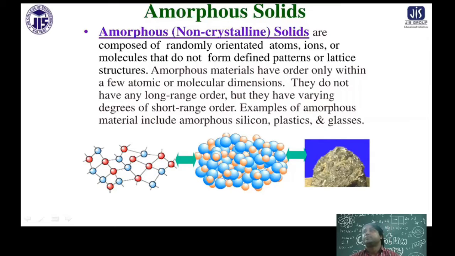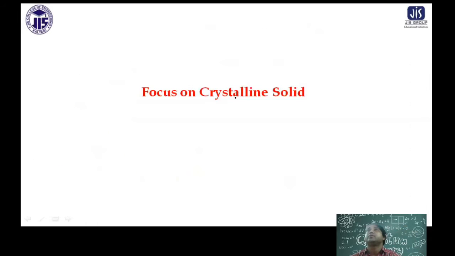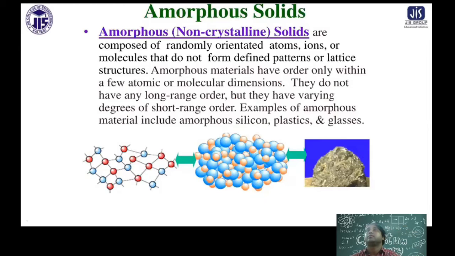The examples of amorphous are those that do not have a definite regular arrangement. Examples: amorphous silicon, plastic, glass, everything is there. These are some examples of amorphous material.